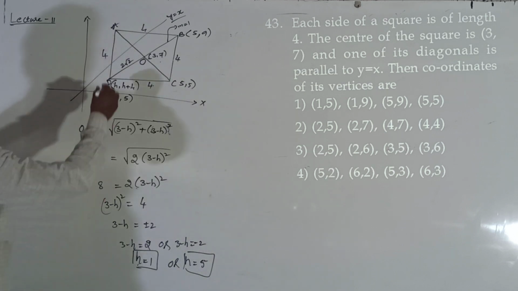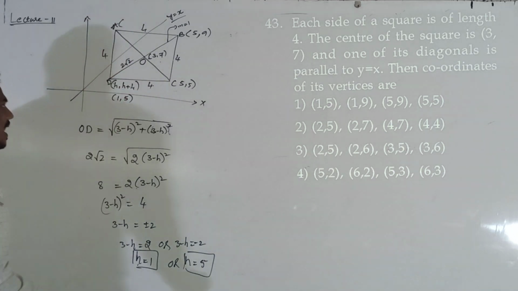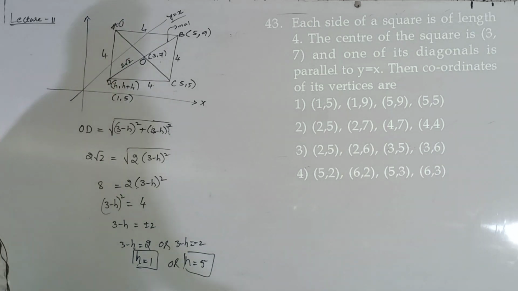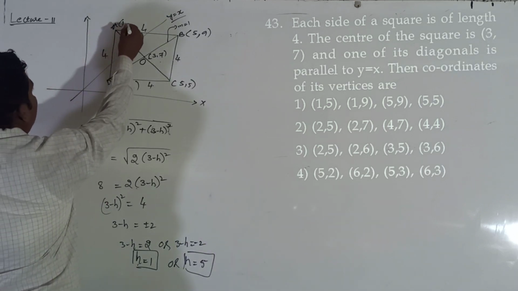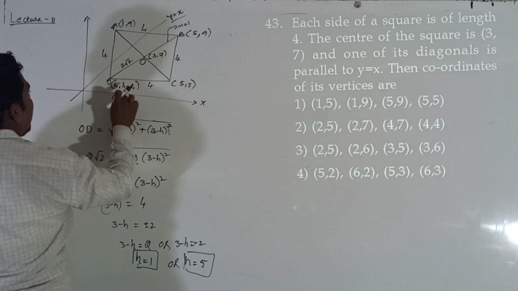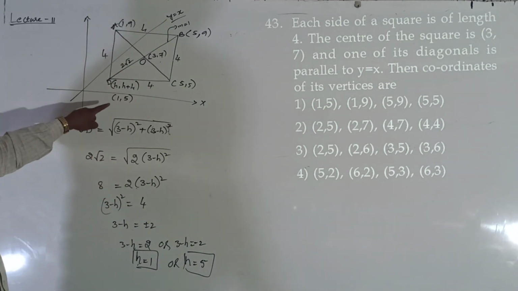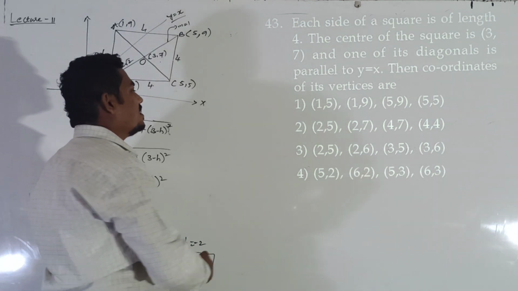Now for this point, AD is also parallel to the y axis, so this point is 1, whose x coordinate remains the same, and for the y coordinate add 4 units, then 9. So 1 comma 5, 5 comma 5, 1 comma 9, 5 comma 9, that is the first option.